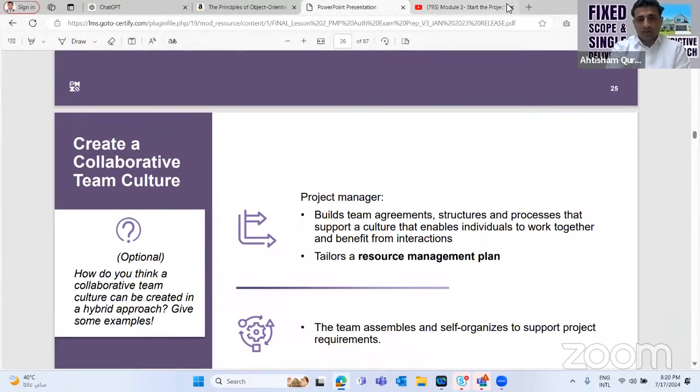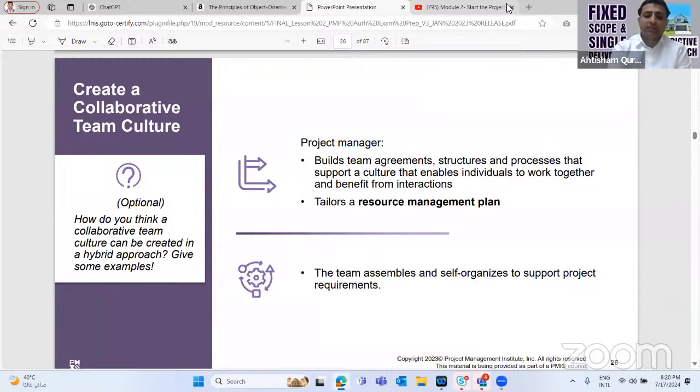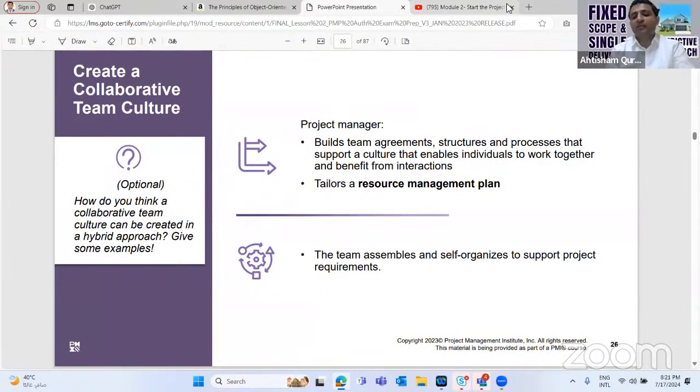So the project manager identifies what resources are needed for this kind of project. Because by now, the project manager knows what kind of project they are doing, and at least has an idea about the scope required to be achieved, so they can estimate the type of resources needed.